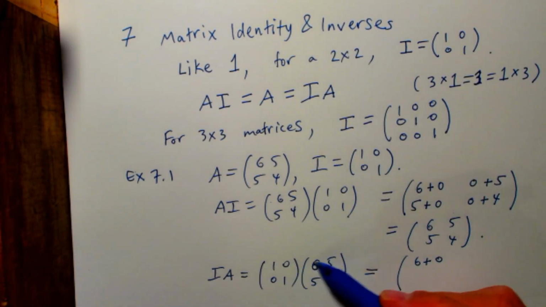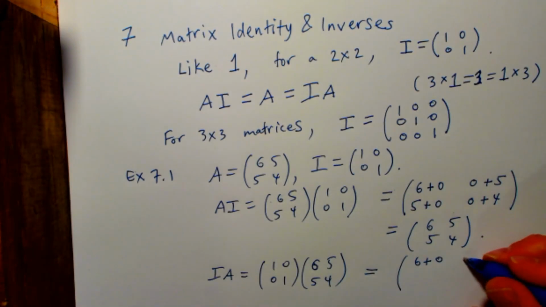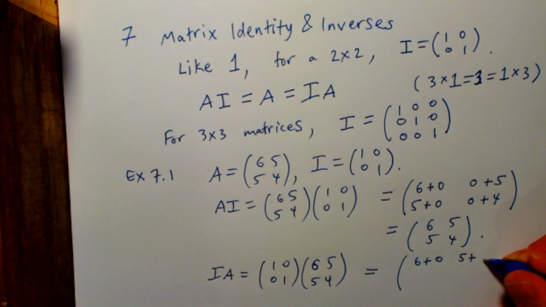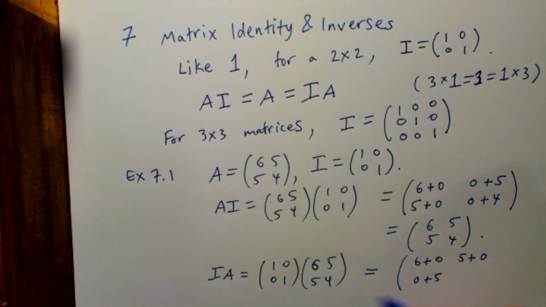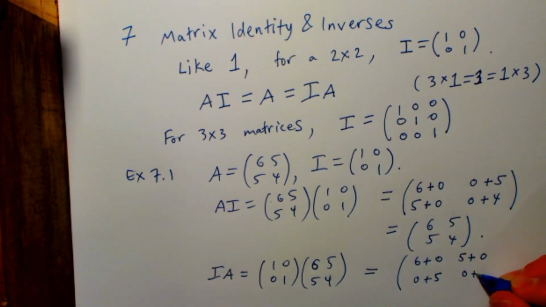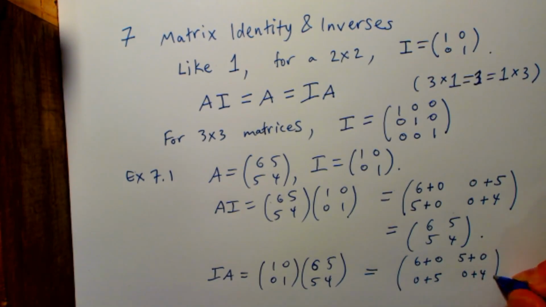Then we have 1, 0 times 5, 4, which gives us 5 plus 0. Then we have 0 plus 5. And then we have 0 plus 4. Okay, simplifying that, we get the same thing, 6, 5, 5, 4. All right, let's move on.